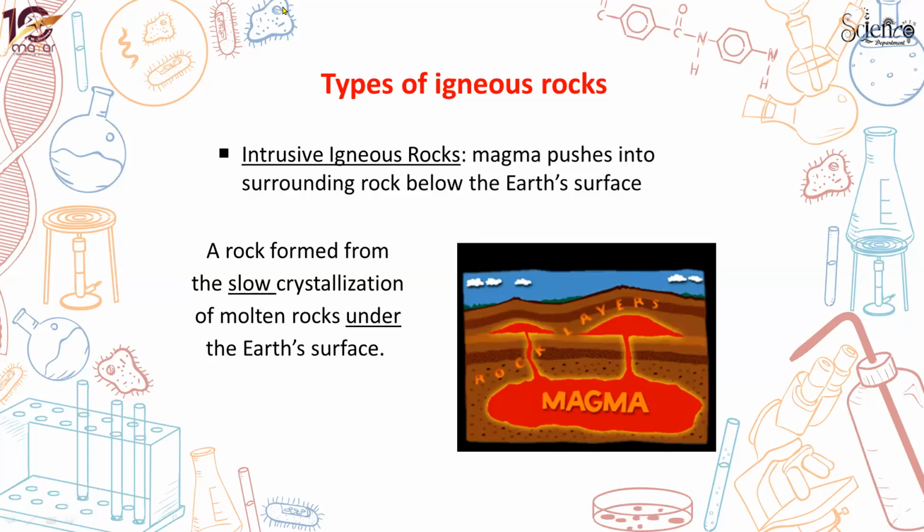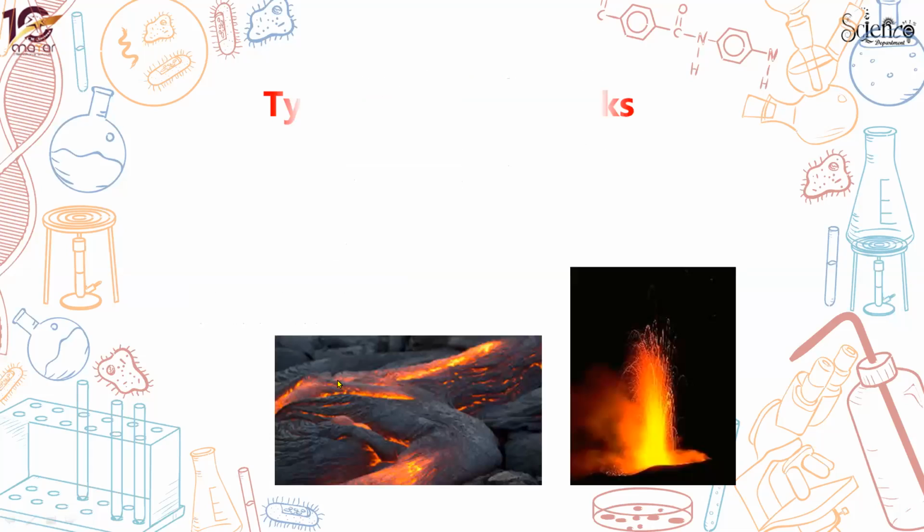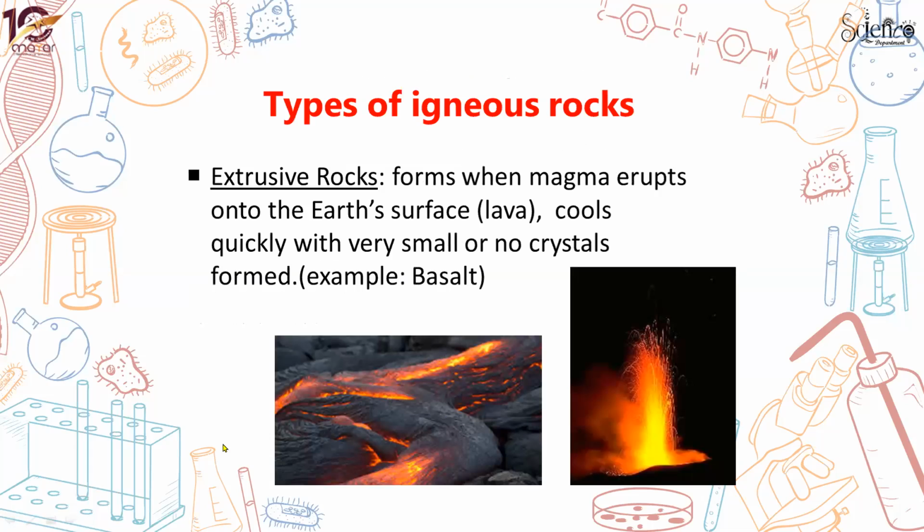But if the atoms are arranging very quickly, they're not going to have time to form the best crystals, which is the second type of igneous rocks. We call this type extrusive. It means extruded, pushed out, okay?